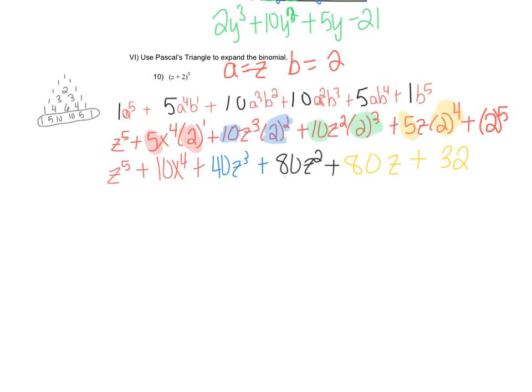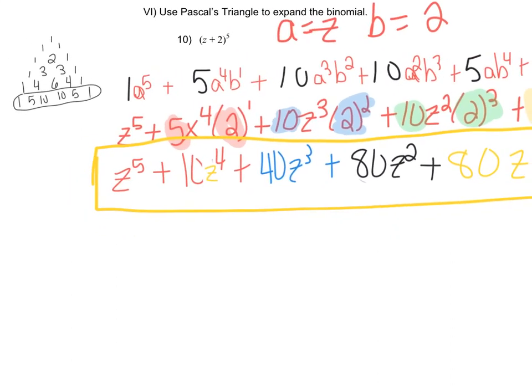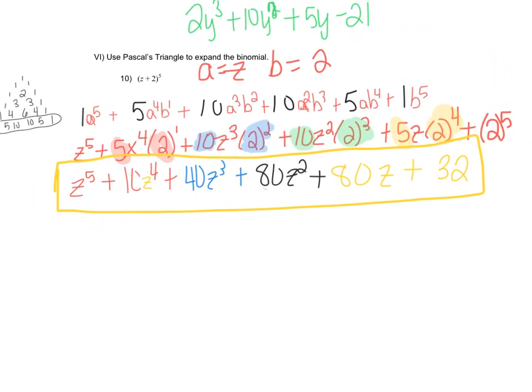So when it's all expanded out, you have z to the fifth plus 10z to the fourth plus 40z to the third plus 80z squared plus 80z plus 32.